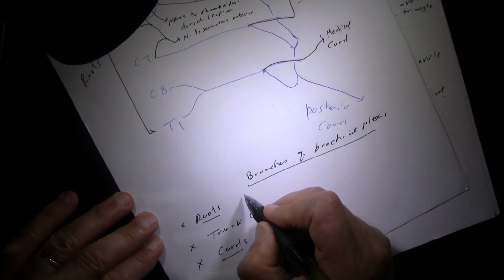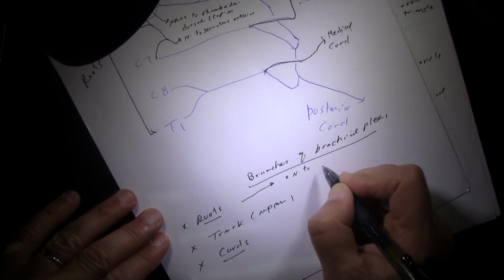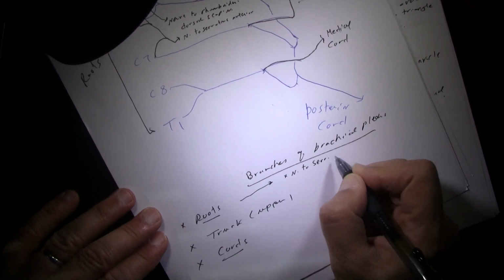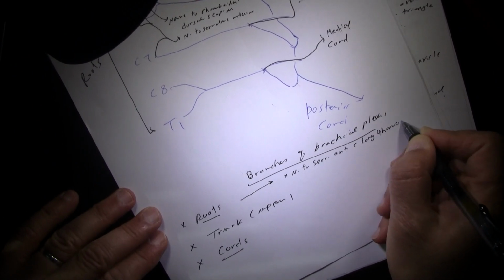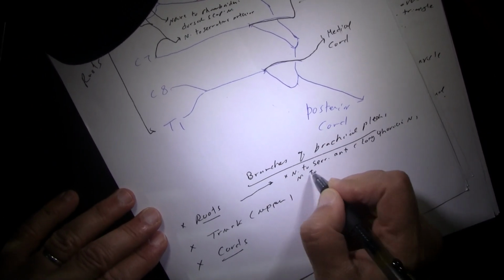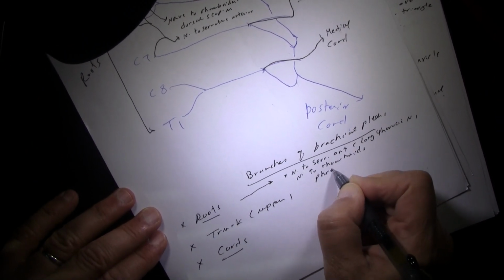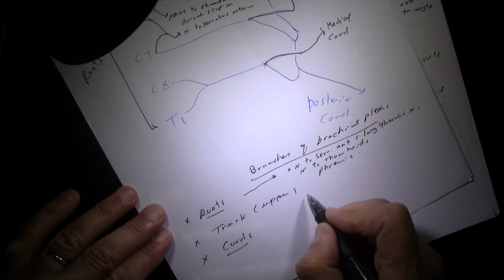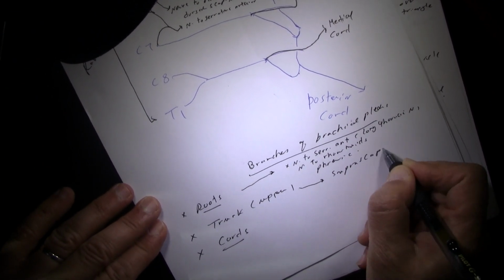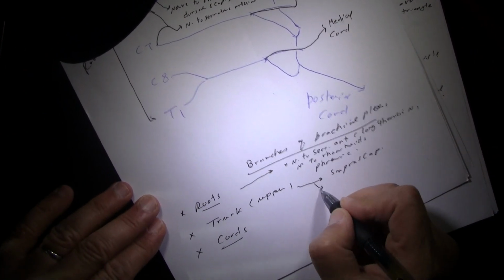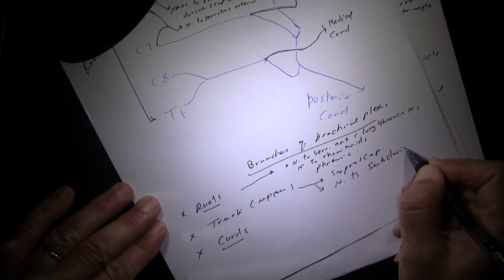From the roots, you have the nerve to serratus anterior, sometimes called the long thoracic nerve, the nerve to rhomboids, the phrenic nerve, etc. From the upper trunk you have 2 nerves: suprascapular, supplying supraspinatus and infraspinatus, and the nerve to subclavius, supplying the subclavius muscle.